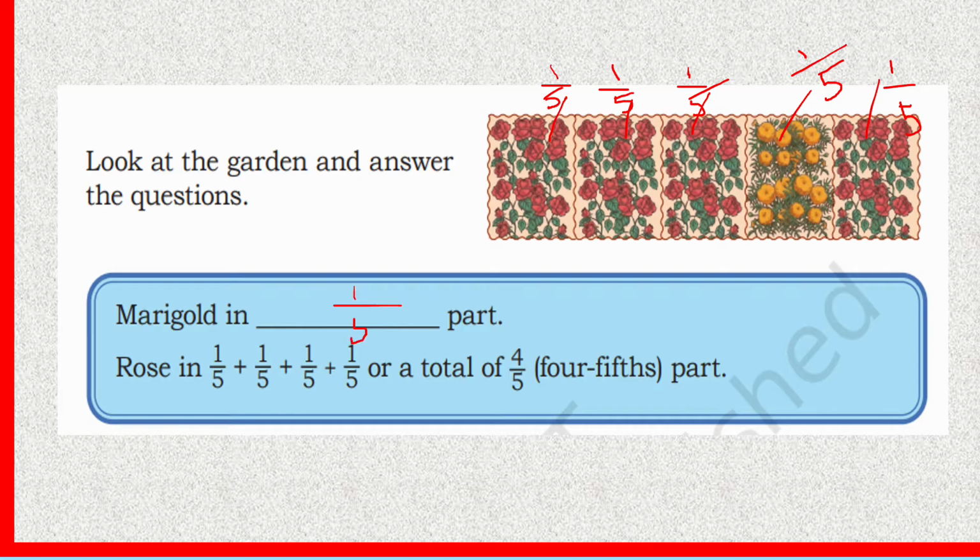Out of 5 parts, only 1 part contains marigold. The remaining 4 parts contain rose plants. So rose is in 1 by 5 plus 1 by 5 plus 1 by 5 plus 1 by 5, or a total of 4 by 5, or 4/5 part of the garden contains rose plants.